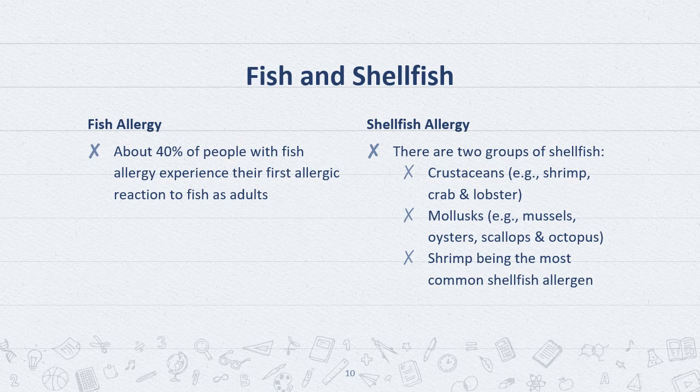There are two groups of shellfish: crustaceans such as shrimp, crab, and lobster, and mollusks such as clams, mussels, oysters, scallops, and octopus. Shrimp is the most common shellfish allergen. Being allergic to one does not always mean that you must avoid both, though care is needed to prevent cross-contact between fish and shellfish.